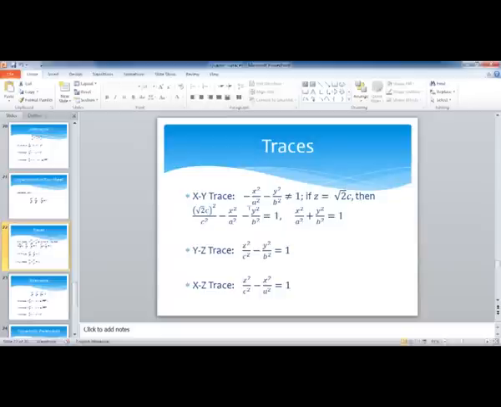Then we get x squared over a squared plus y squared over b squared after some operations. For the yz trace, we just equate x to 0, and we find that this is a hyperbola. And for the xz trace, we just equate y to 0, and we once again find a hyperbola.